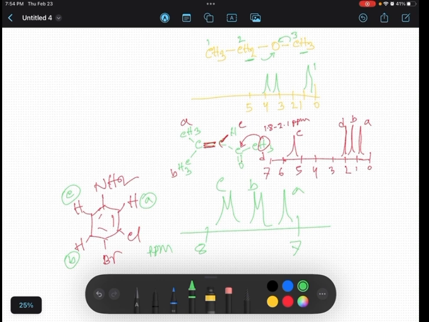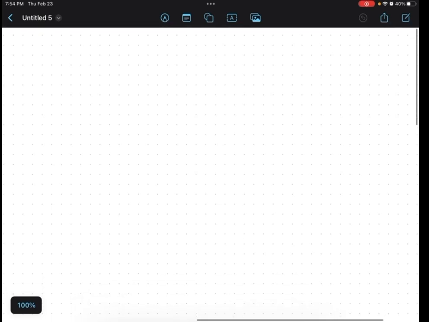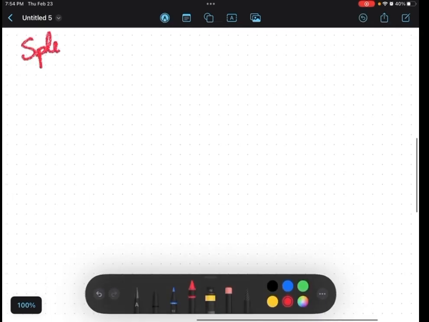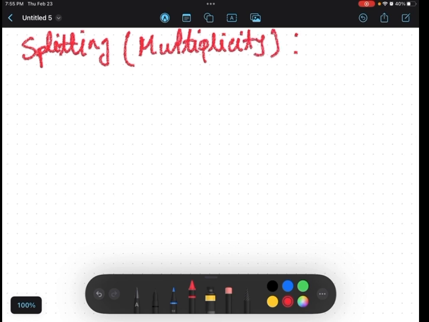Now I'm going to show the splitting and the multiplicity. Let's see how we are going to explain the splitting and the multiplicity. The rule is the n+1 rule.